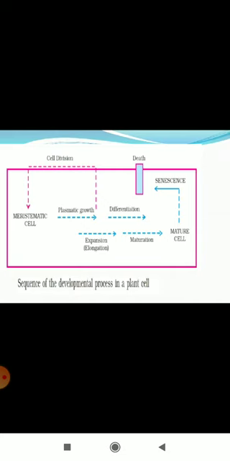That means this meristematic cell undergoes plasmatic growth, differentiation, expansion, maturation, and it becomes a mature cell. Now this mature cell performs special functions and ultimately this mature cell also undergoes senescence and then it dies. So ultimately death occurs. So these are the sequence of development processes in a plant cell.